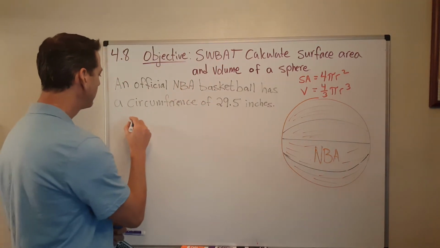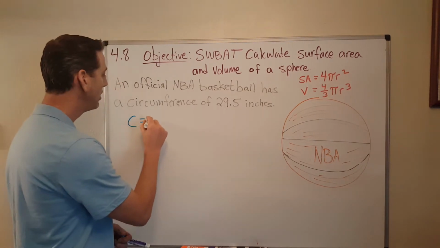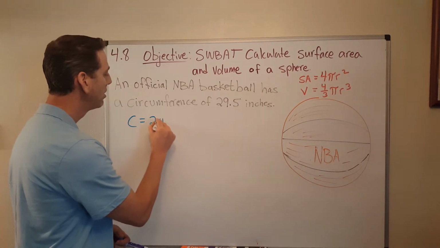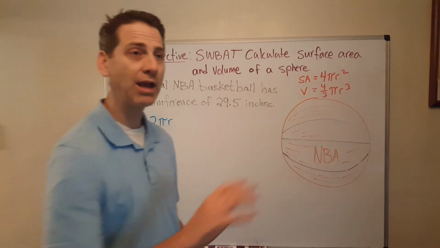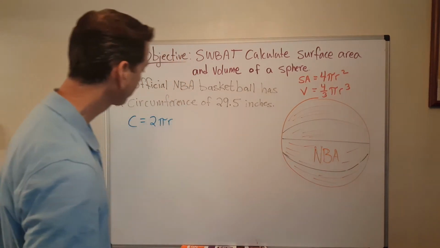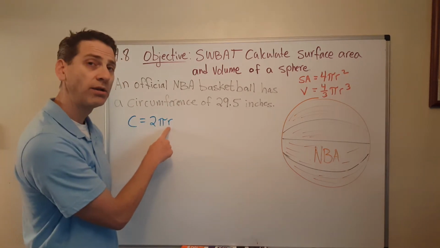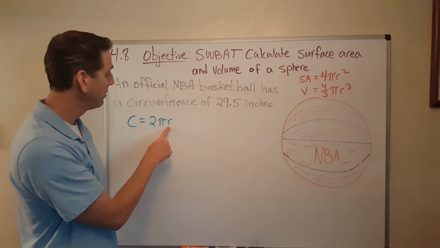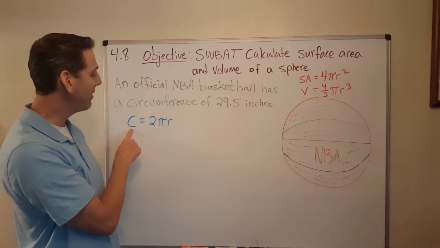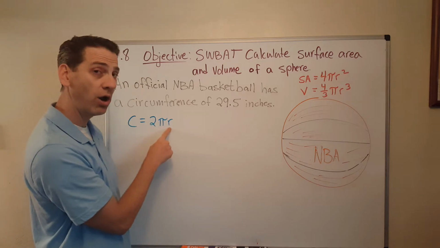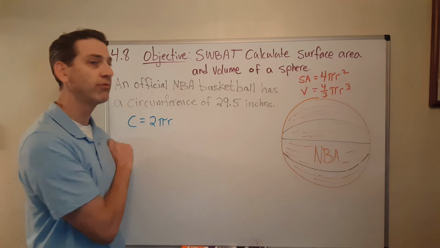If you remember, the circumference of any circle is 2 pi r. We established that in a different video. You'll notice that r is one of the variables. I can find the circumference if I know the radius, and I can find the radius if I know the circumference.